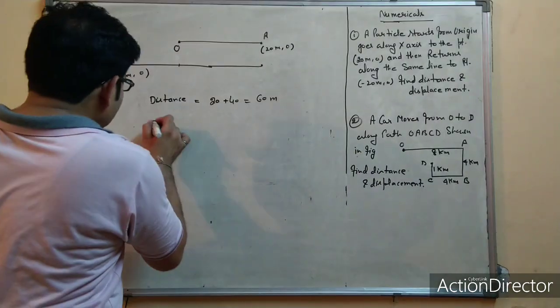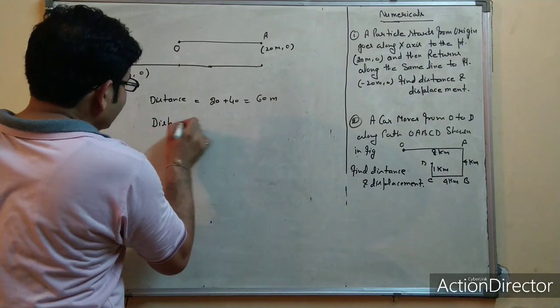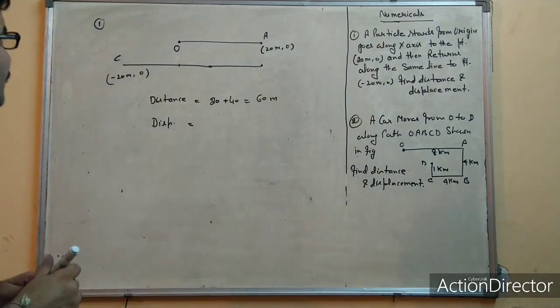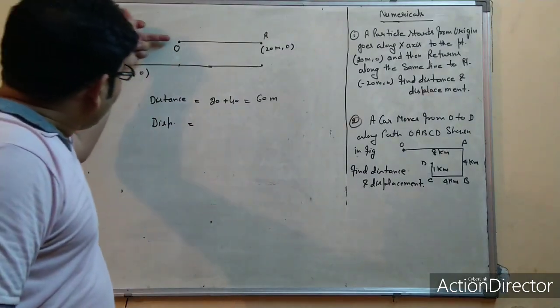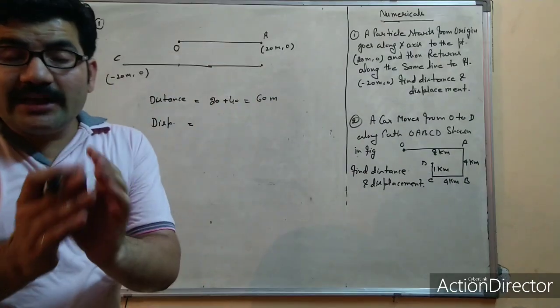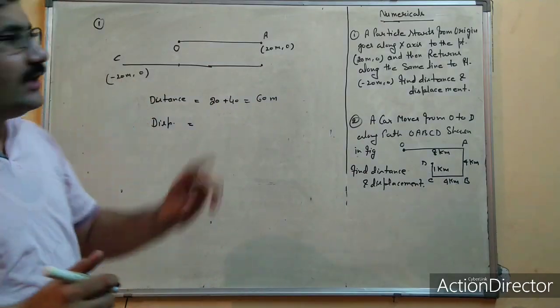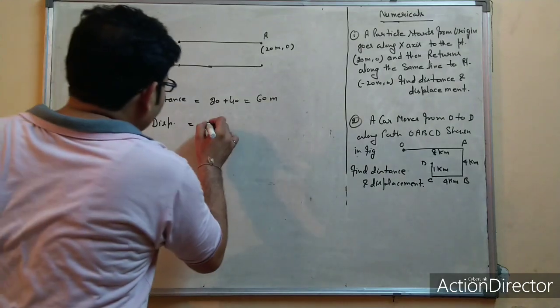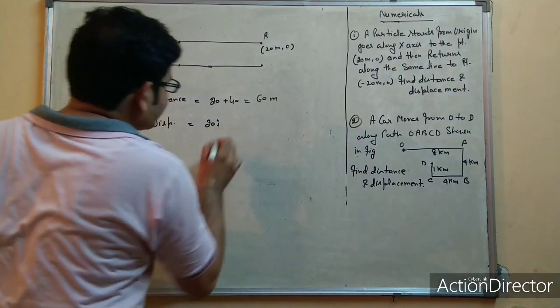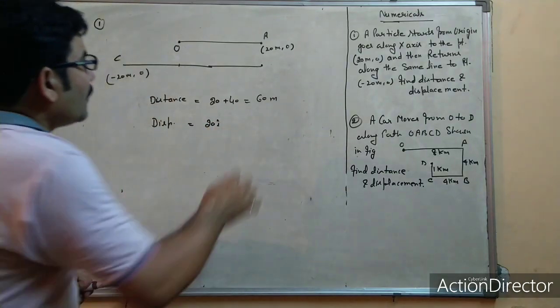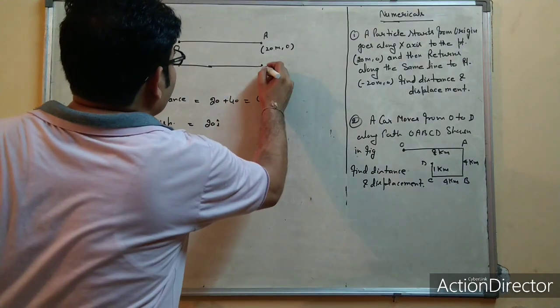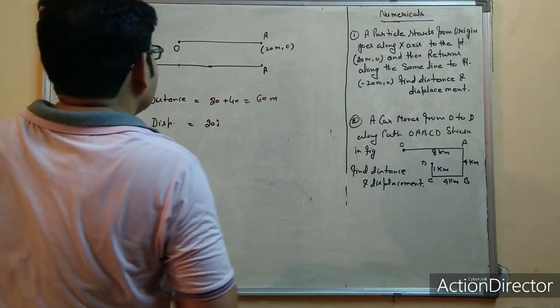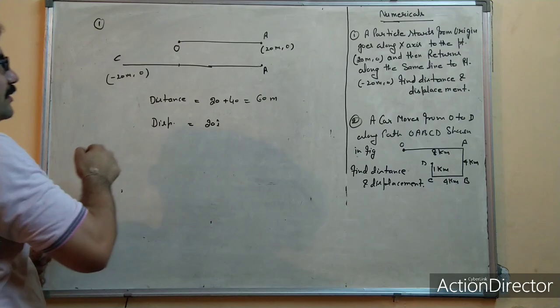But what about displacement? Listen, this is a very careful step. When you go along the x-axis, you always have to take the i unit vector with that value. So it will be 20 i. Now the body turns from point A and reaches that point.